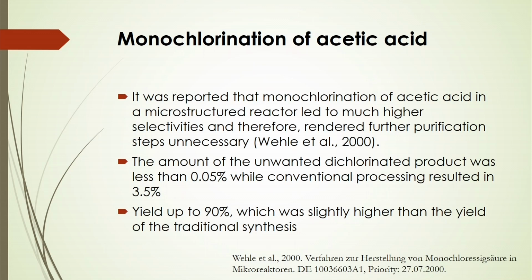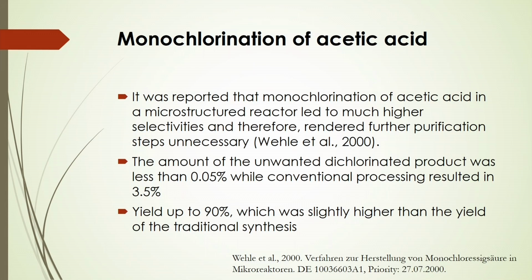In this case, the yield was up to 95%, which was slightly higher than the yield of traditional synthesis, as reported by Ehrfeld et al. 2000s. And it was also reported that this monochlorination of acetic acid in a microstructure reactor led to much higher selectivities, and therefore rendered further purification steps unnecessary.